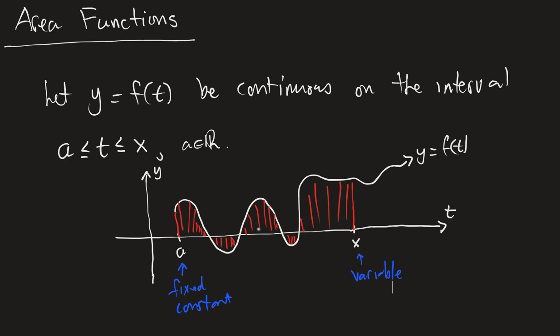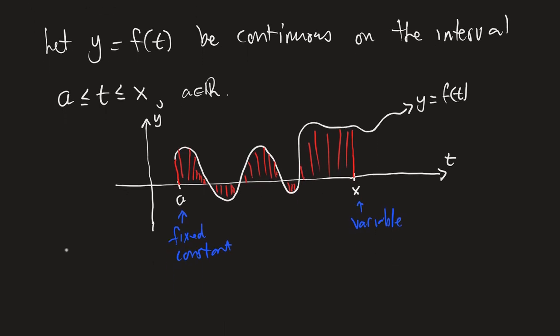So we define the area function, and we use a big A for area, but the area is a function of x because it depends where I put the upper limit, right?